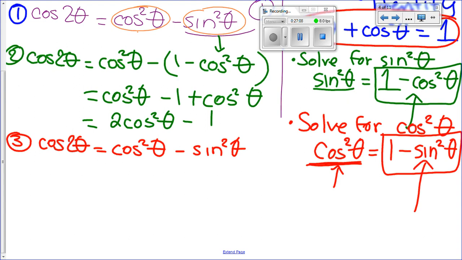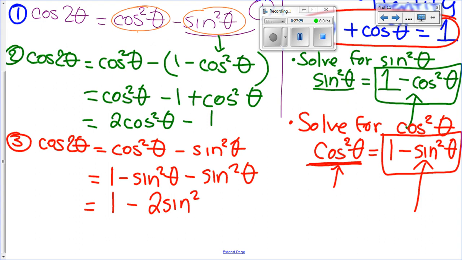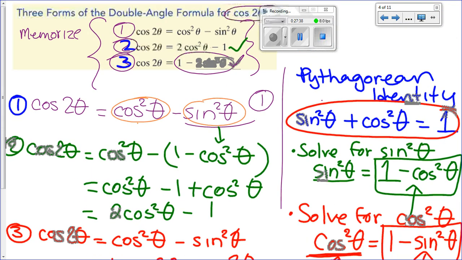So please do that. Instead of cosine squared theta, what am I going to get, Adelina? And then we have another minus sine squared theta here. So we combine those two, so it will be 1 minus 2 times the sine squared of theta. And that will be formula number 3, right here.